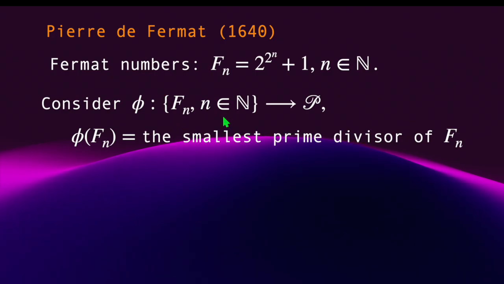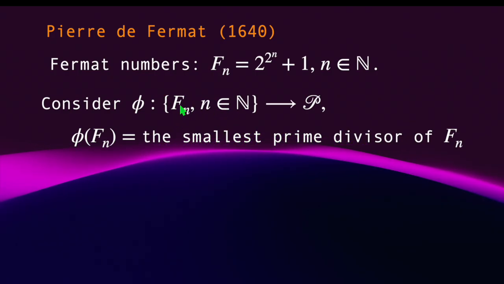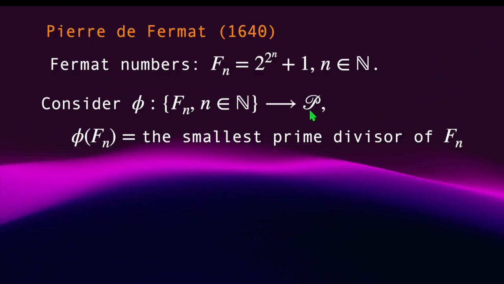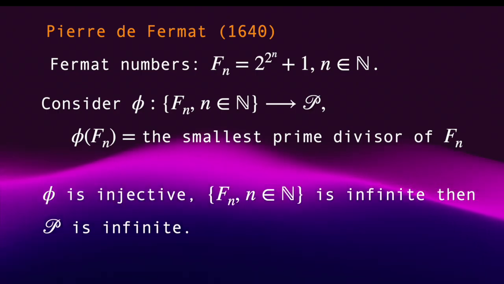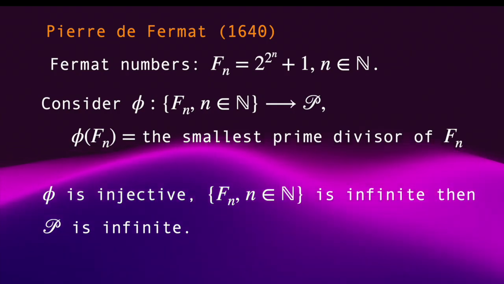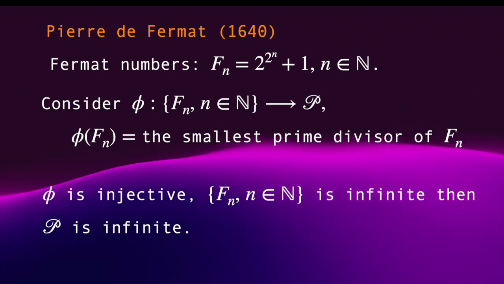So we inject an infinite set into the set of prime numbers, so we get that the set of prime numbers is infinite, and we are done. So it's the Fermat proof, or actually the fixed Fermat proof.